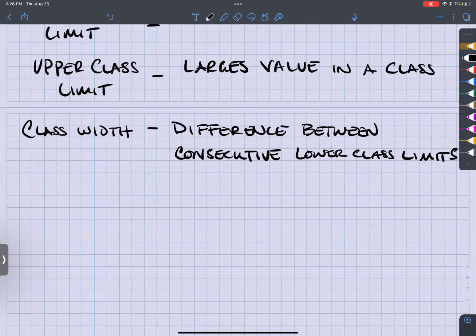So when I had 4 to 6, 7 through 9, then it is a 7 minus the 4. Because 4 to 6, the lower is a 4, 7 to 9, the lower was a 7. So it's a difference between the 7 and the 4, which would give you 3.